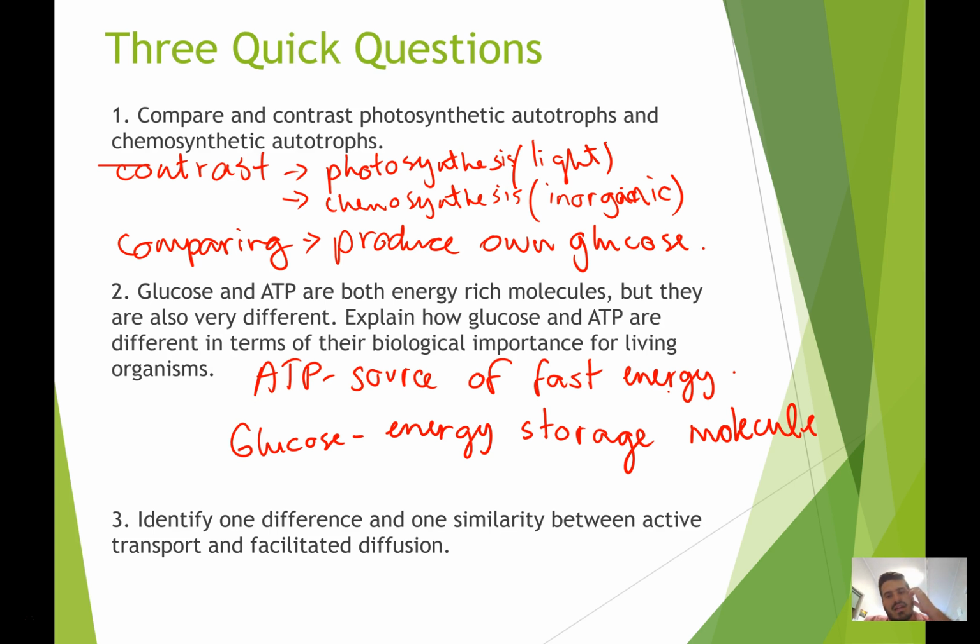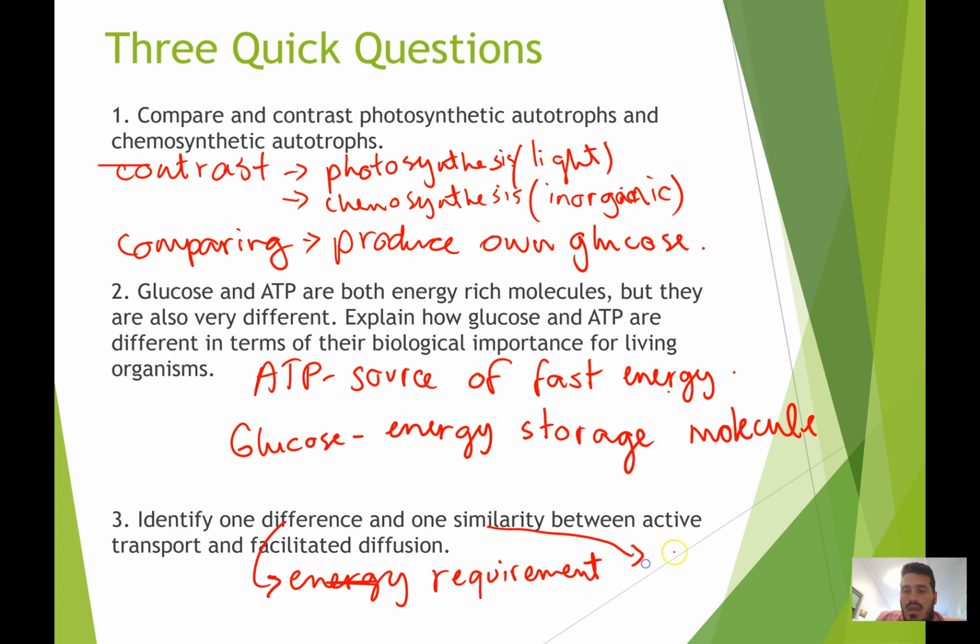So what's one difference and similarity between active transport and facilitated diffusion? Difference, if we're talking about difference, the energy requirement. So you should write that facilitated diffusion doesn't need energy. On the other hand, active transport requires energy.